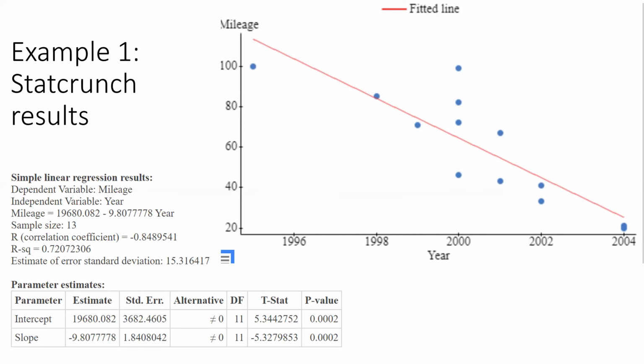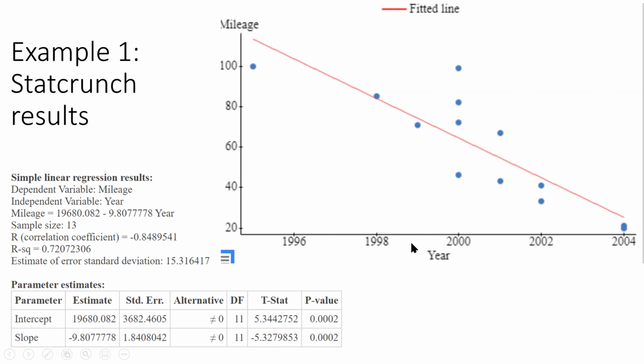So StatCrunch found the intercept of 19,680 and the slope of negative 9.807. So we can see the negative correlation here, right?